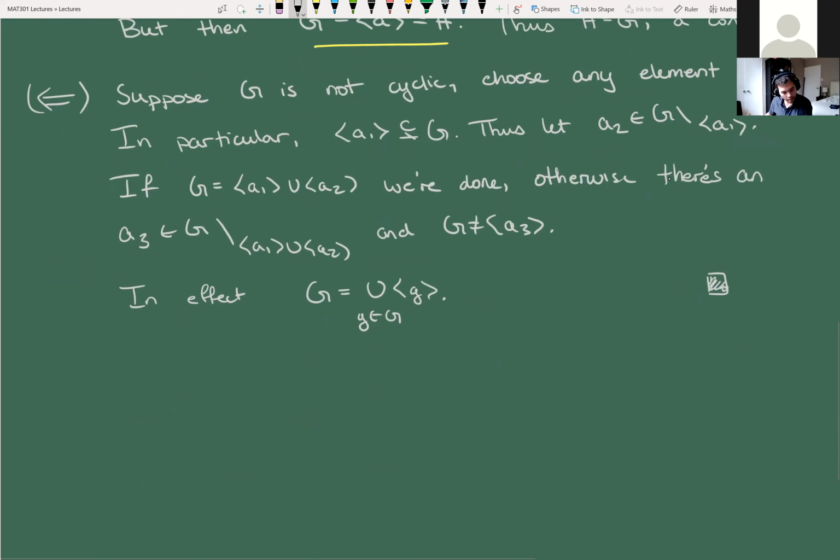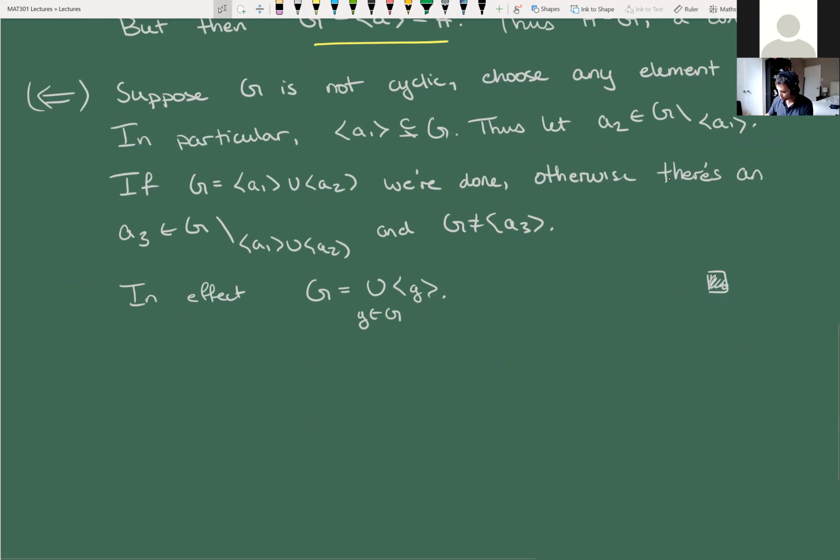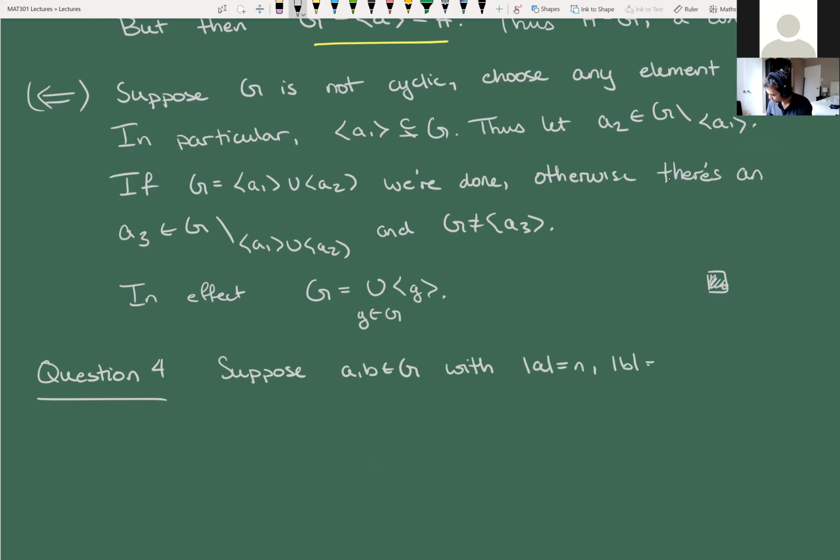This one's pretty quick, so I might give you less time. Let me write it out because I said I was going to do that this time. All right, so this is question 4. Suppose A and B are elements of G with coprime orders.